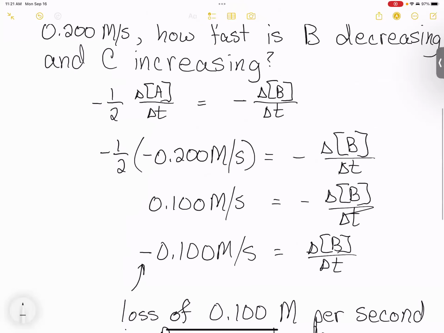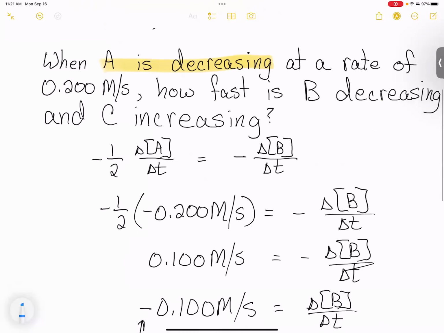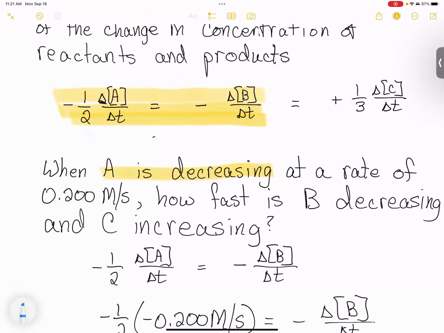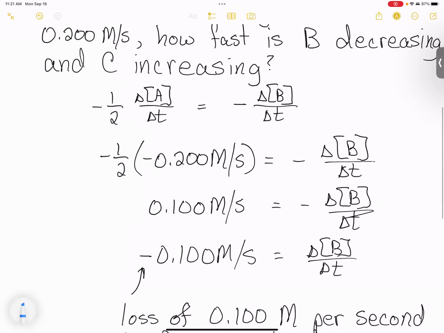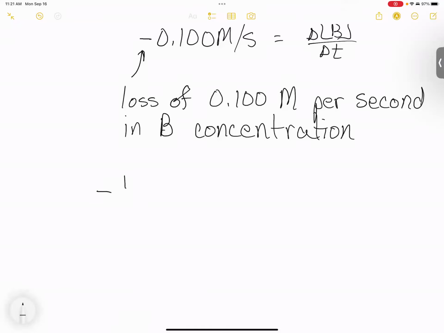Now, for the other half of this question, it asked for C. So we're going to be using those two parts of the equation. For the other part, it's -1/2 change in A concentration over a change in time is equal to 1/3 the change in concentration of C over the change in time.